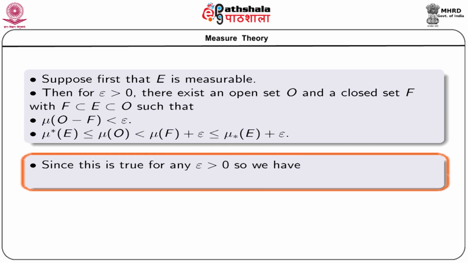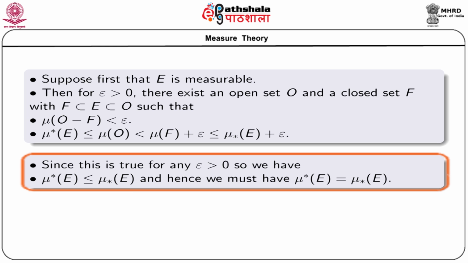Since this relation is true for any epsilon greater than 0, we ultimately have mu upper star E is less or equal to mu lower star E. And we already know that the inner measure is always less or equal to the outer measure.